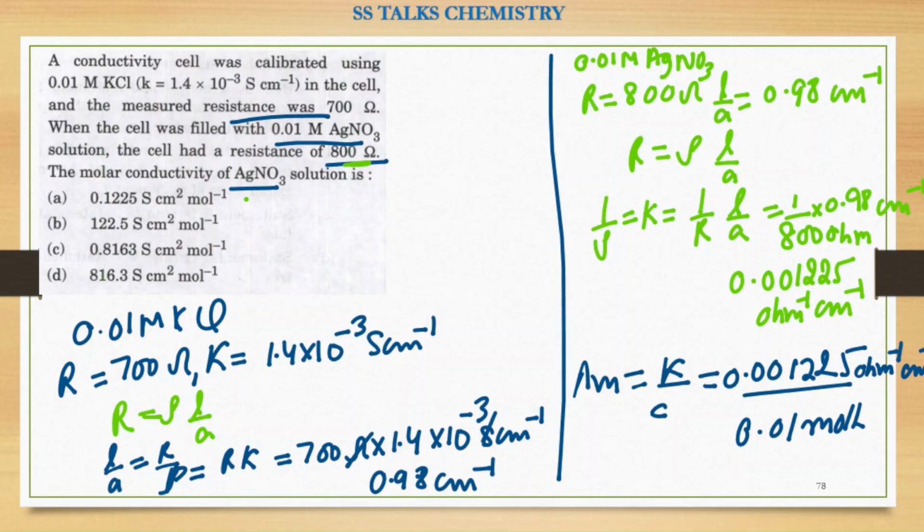For that it is multiplied with 1000. So mole per centimeter cube, multiply it with the factor of 1000. So the value you will be getting is 122.5 Siemens centimeter square per mole. So this is going to be the answer. That is given to us in option B over here. I hope this one is clear.